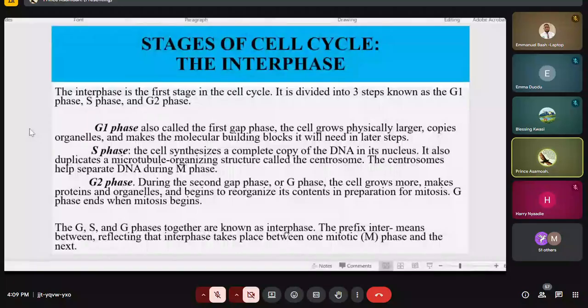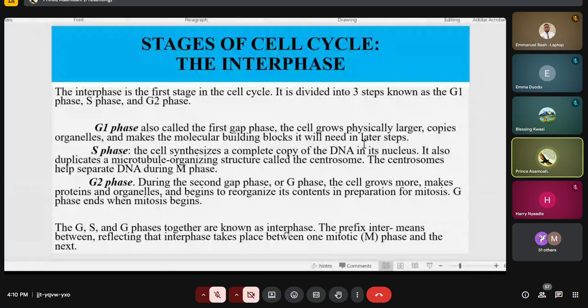So it begins the copying of the organelles and makes the molecular building blocks it will need in later steps. You'll be seeing the diagram. So essentially, the cell will now become bigger. Then it begins the copying in the gap 1 phase.